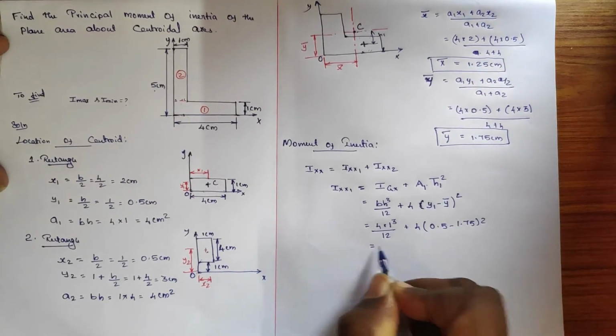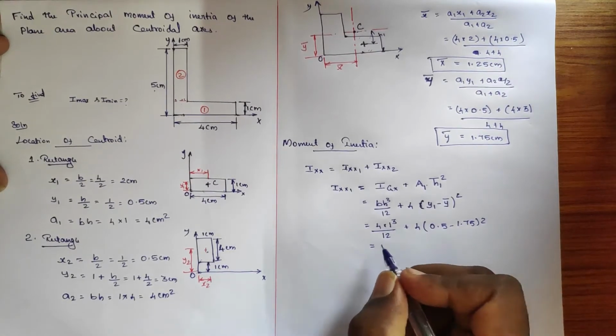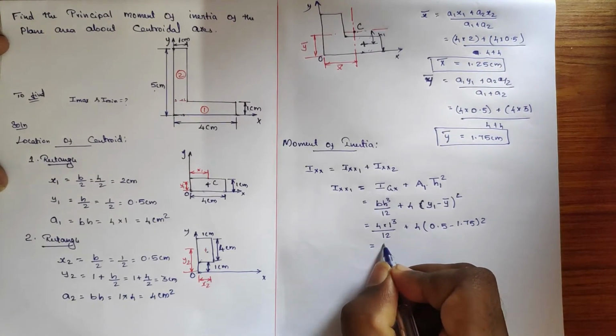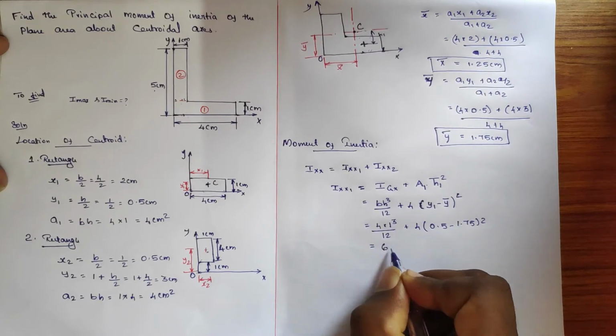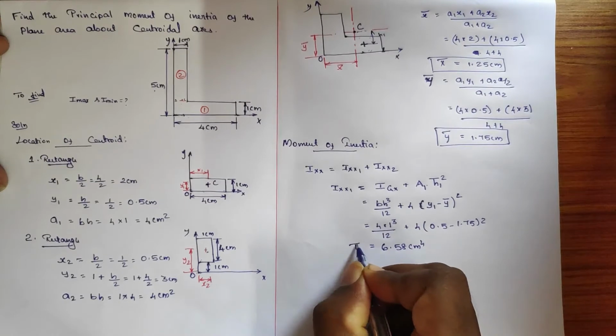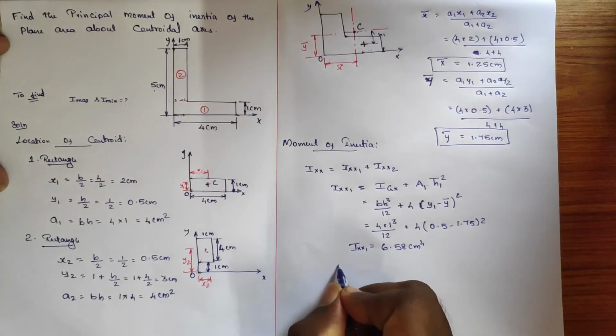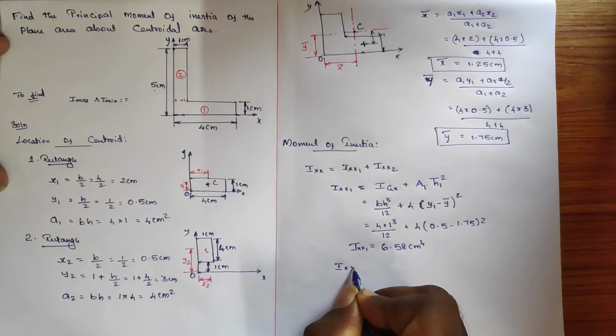When you are doing the calculation, you will get 6.58 centimeter power 4, the moment of inertia of the first component.